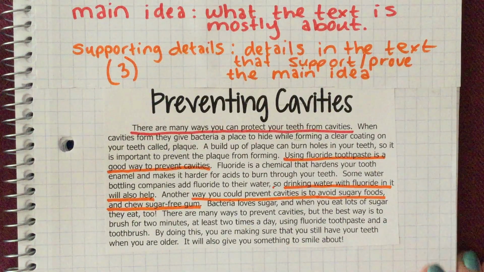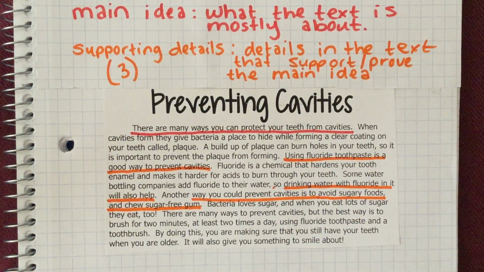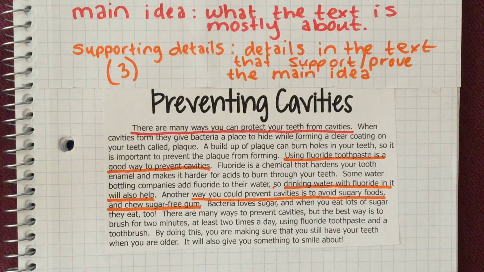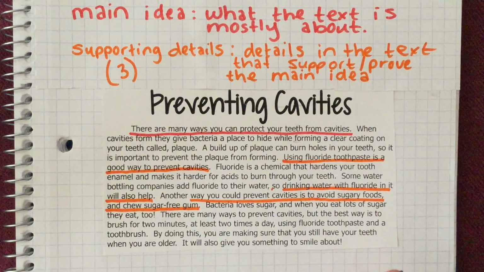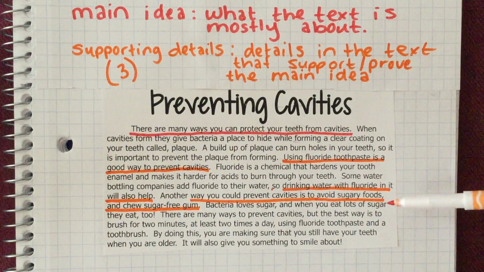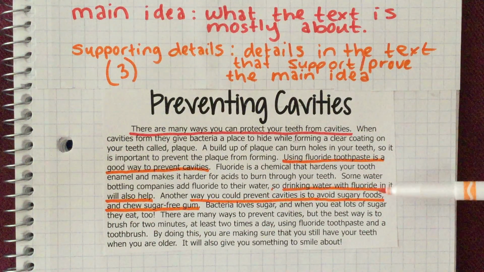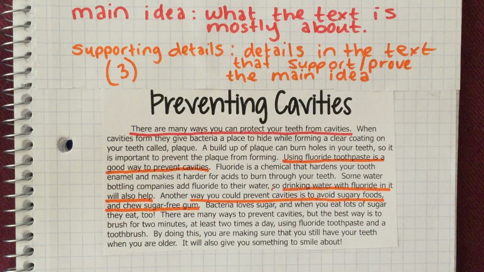Now, let's look at the next one and see if this is another supporting detail. It says, bacteria loves sugar, and when you eat lots of sugar, they eat too. Is that a way you can protect your teeth from cavities? No, it's not. It's just some other helpful information about the topic, but it's not a supporting detail that supports our main idea.